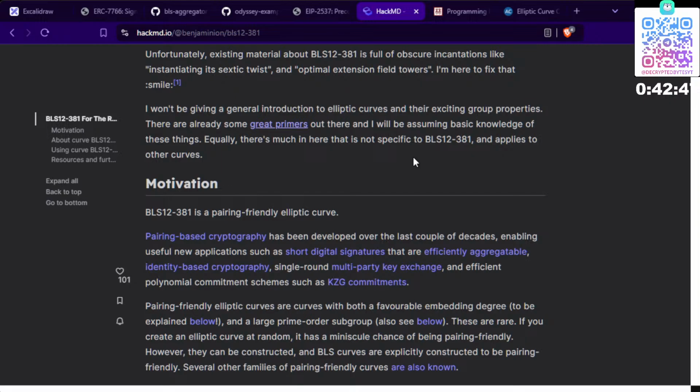Motivation: BLS 12381 is a pairing friendly elliptical curve.